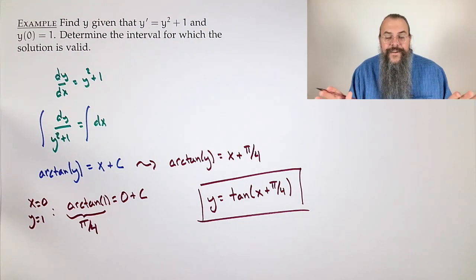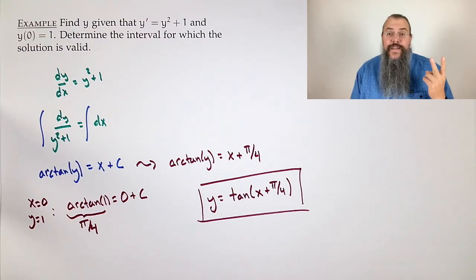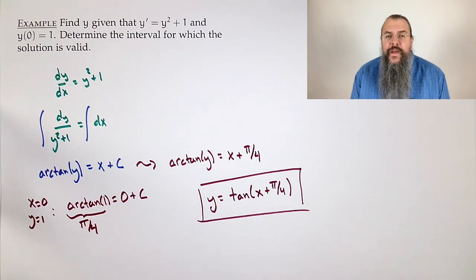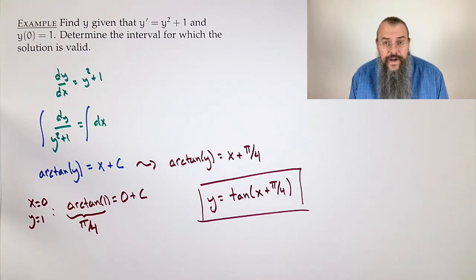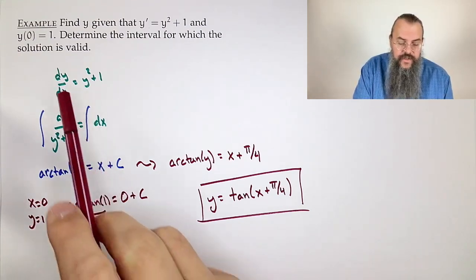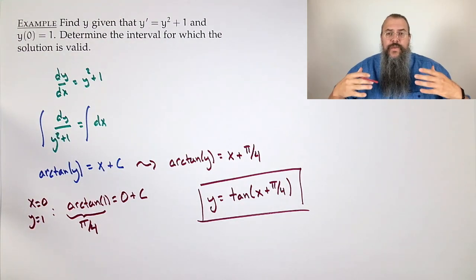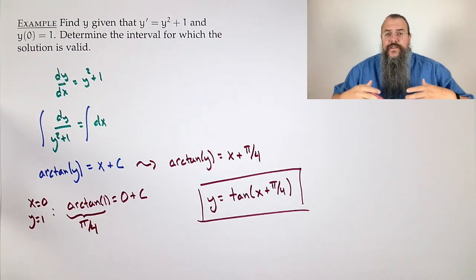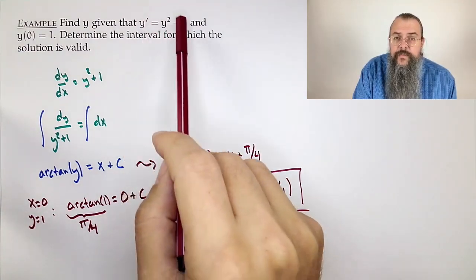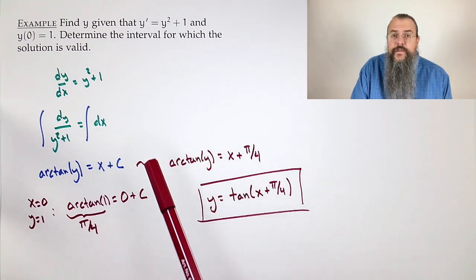Done. All right. Well, what's the first part? There is a second part, right? Which is to determine the interval for which the solution is valid. Now, what are things that could go wrong? Some things can go wrong in the actual differential equation. So if we come back here to our differential equation, we could say, oh, the right-hand side isn't defined, something is blowing up, there's a place where this is not continuous, or the derivative with respect to y is not continuous.